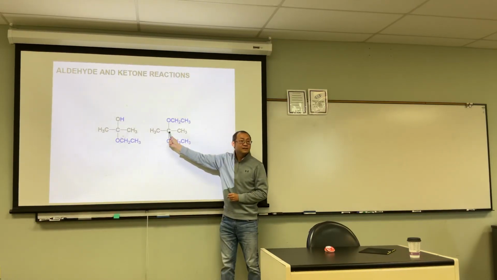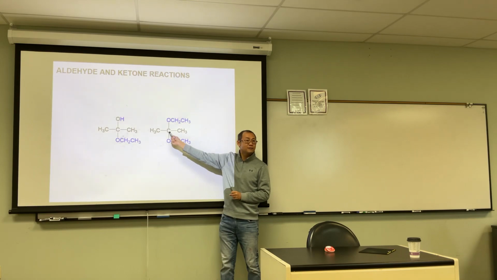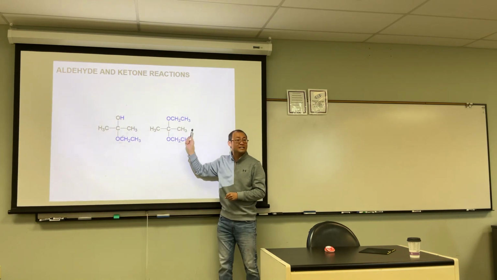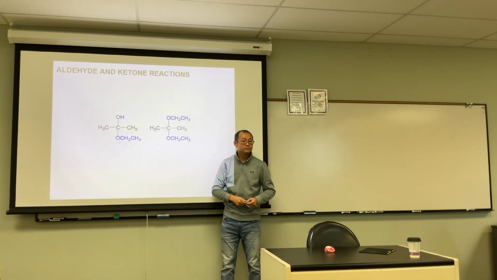No. Christina, do you see a hydrogen on this carbon? No. No hydrogen means it's from a ketone. If from an aldehyde, there must be a hydrogen on it. So both are ketals.